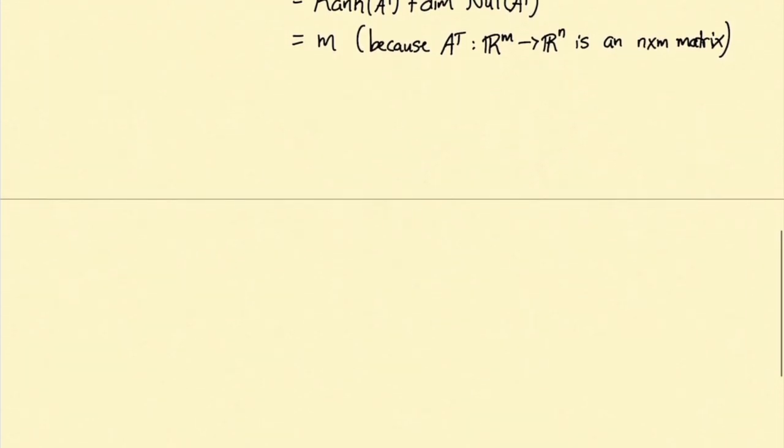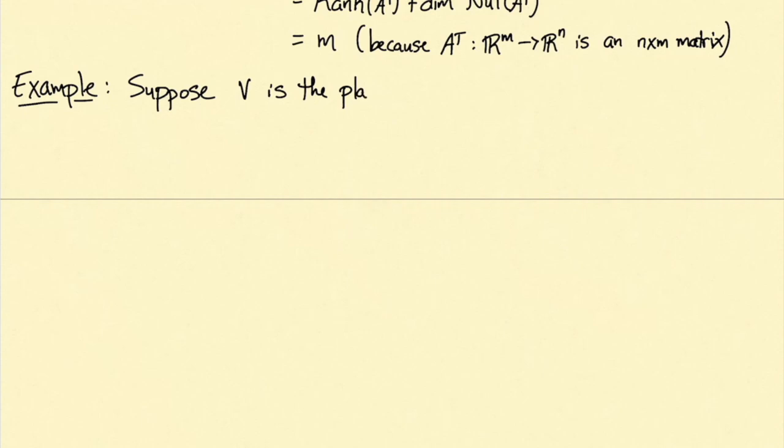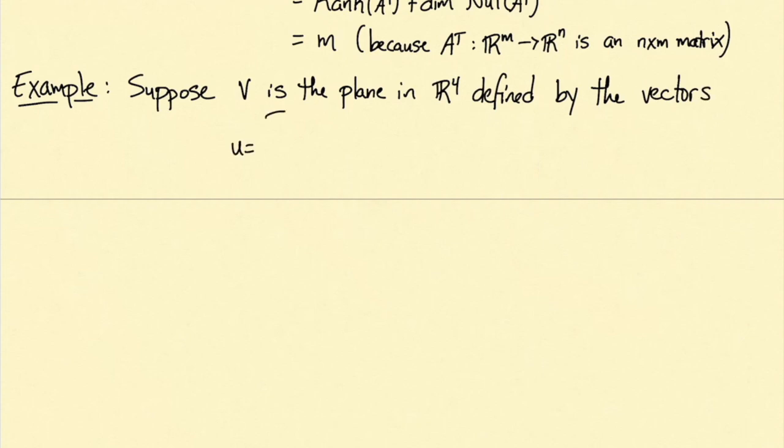So to see how this is useful in practice, let's suppose that we're given a plane in R^4. And this plane is defined by the vectors u with entries 1, 0, 2, -1, and v with entries -1, 2, -6, and 3.